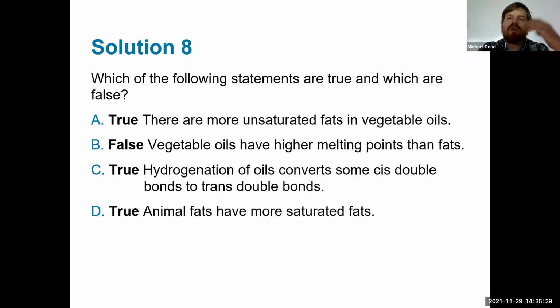Fats are solid at room temperature. Oils are liquid at room temperature. The liquids must have a lower melting point. Hydrogenation of oils converts some cis double bonds to trans double bonds. That's what we were just talking about with trans fatty acids. That is true. And then finally, animal fats have more saturated fats. That's the obverse of A. So that is also true.